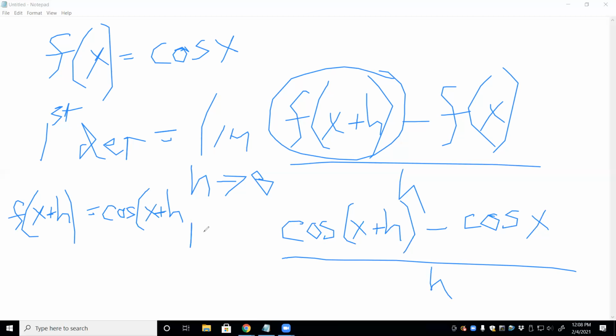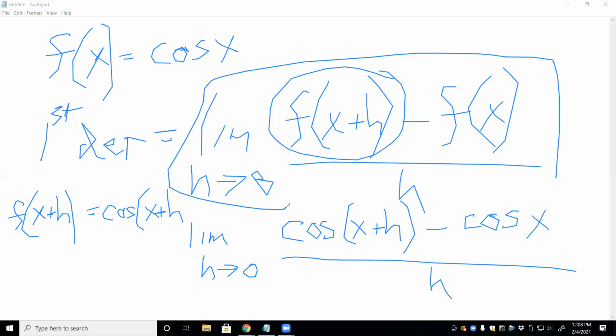So I want the limit of this as h goes to 0. This is using the definition of first derivative. This is the official definition of first derivative, the ultimate math definition. And how do you solve this? By using trig identities.